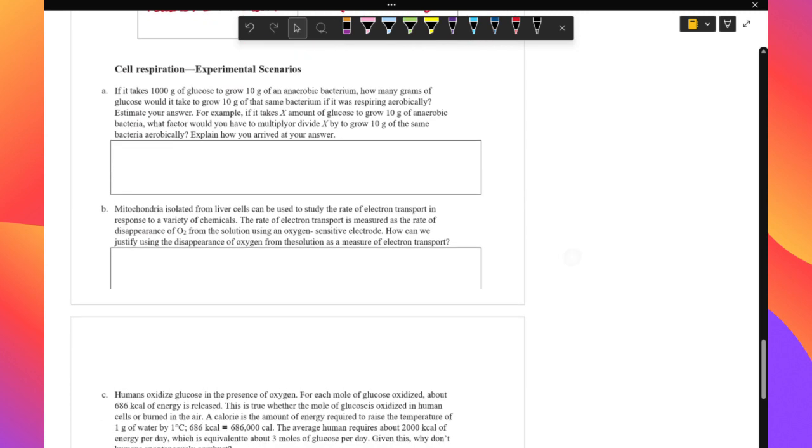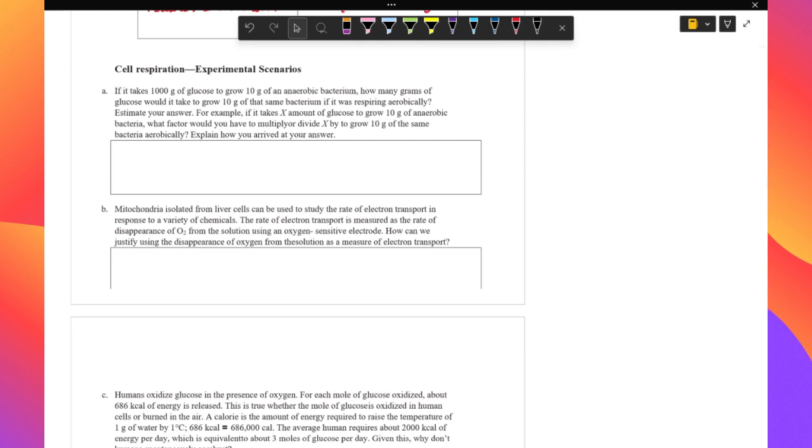All right. Cellular respiration, experimental scenarios. If it takes 1,000 grams of glucose to grow 10 grams of an anaerobic bacterium, how many grams, so important here, anaerobic, not requiring oxygen, how many grams of glucose would it take to grow 10 grams of the same bacterium if it was respiring aerobically?